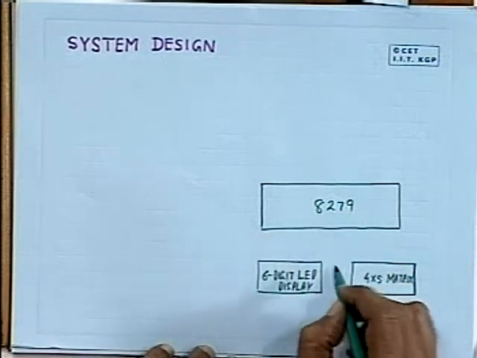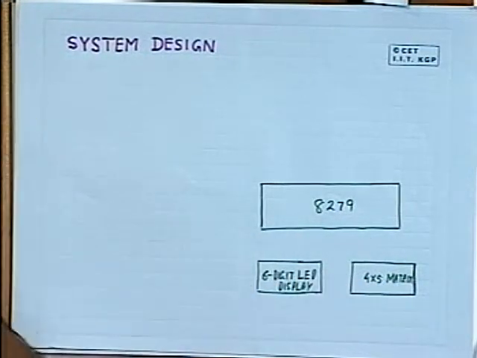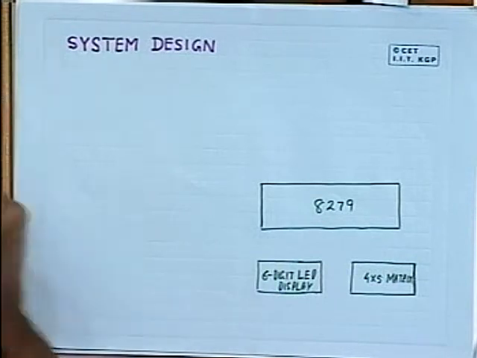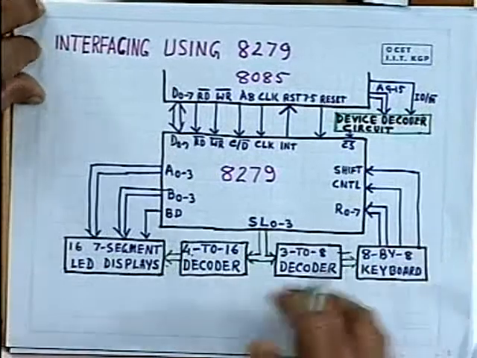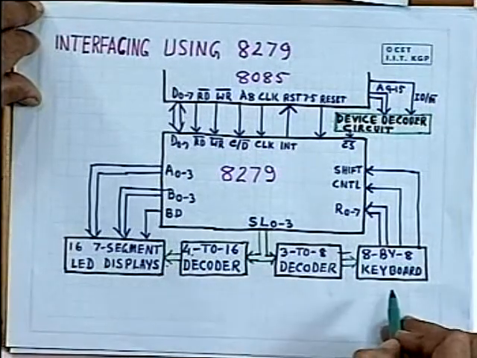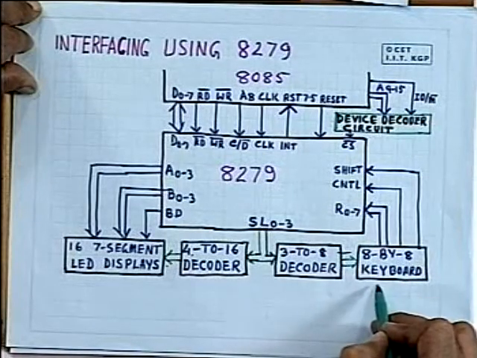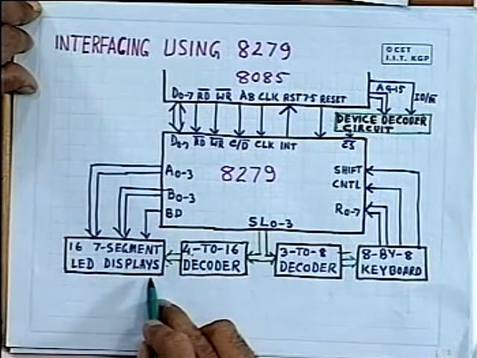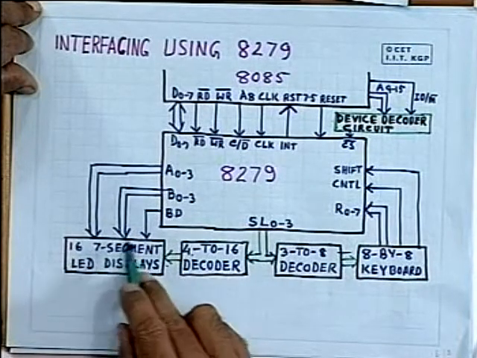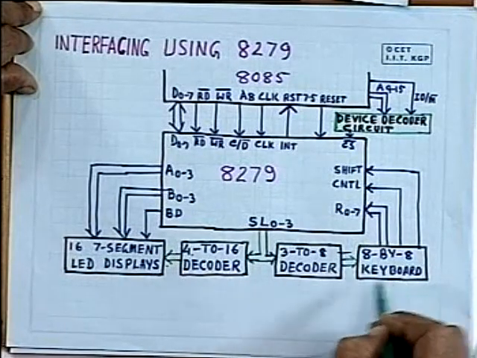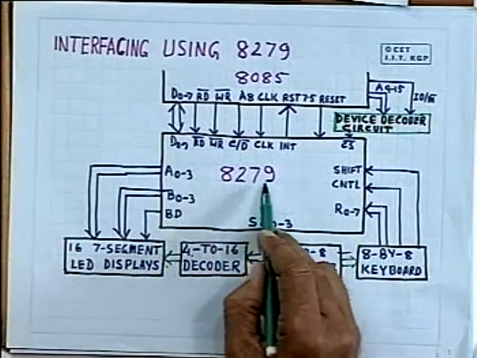8279 is used to interface these two devices, and we have already discussed how this kind of interfacing can be done. In the detailed circuit diagram for interfacing keyboard and display, we have given an example of an 8 by 8 keyboard and 16 7-segment displays. This is the maximum size of keyboard and display that you can interface through this 8279.